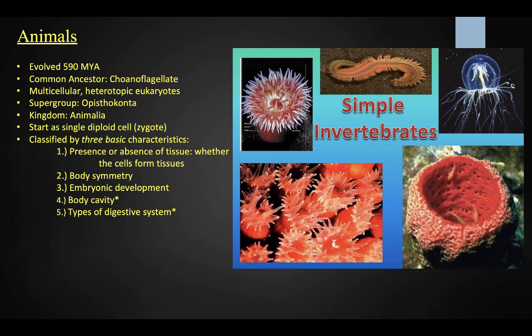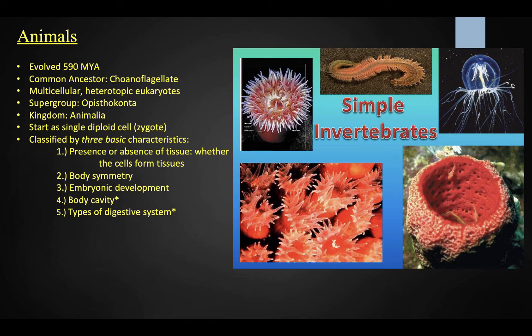Besides these basic characteristics, there are other ways to classify animals. If they have body cavities, basically we're going to look at animals and they have what are known as germ layers, these layers of cells, and there are either 2 or 3 germ layers.